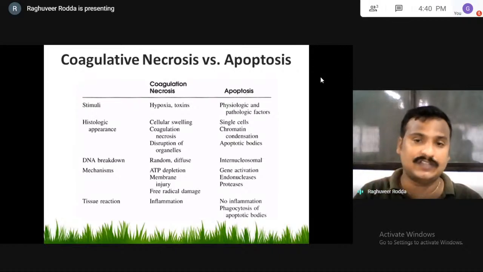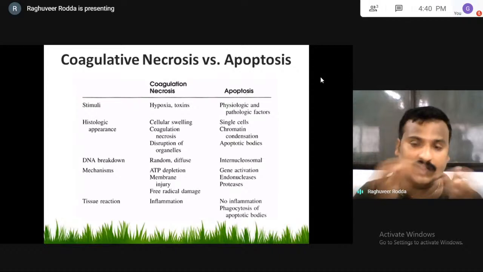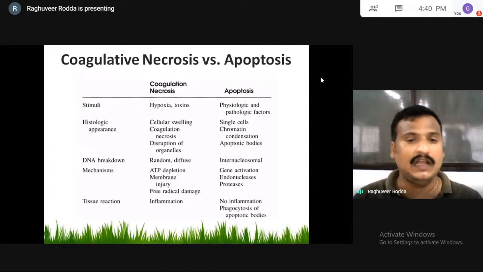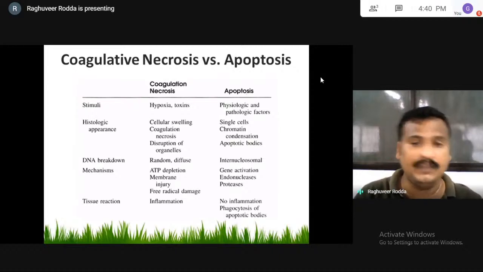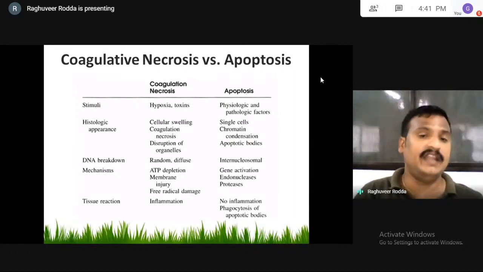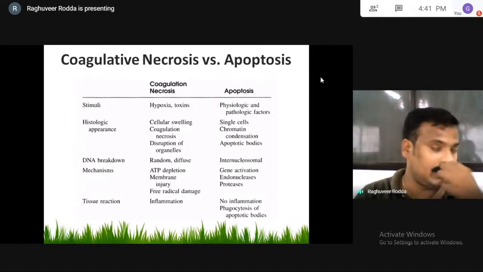Whatever intracellular materials there are, even chromatin and nuclear materials, are enclosed in small vacuolar structures. In necrosis, the DNA will break down randomly, because there is no specific enzyme to break it down. Sometimes nucleases attack very heavily, and the DNA will be completely broken down and diffused into the remaining cytoplasmic content.